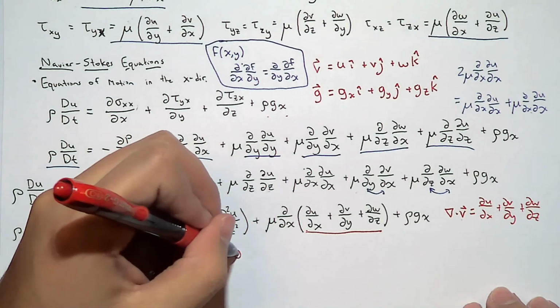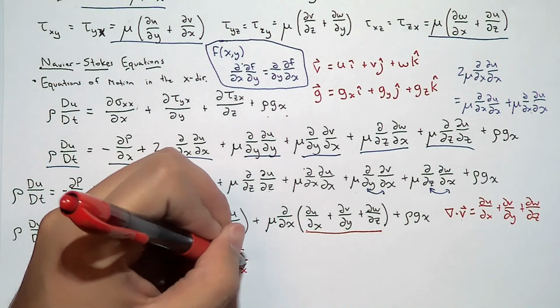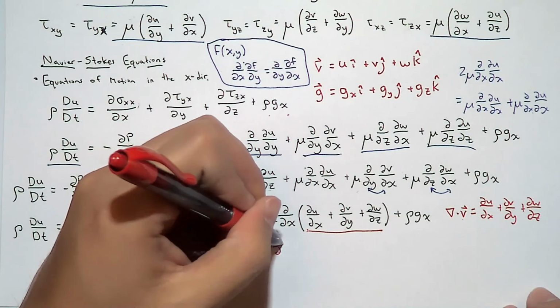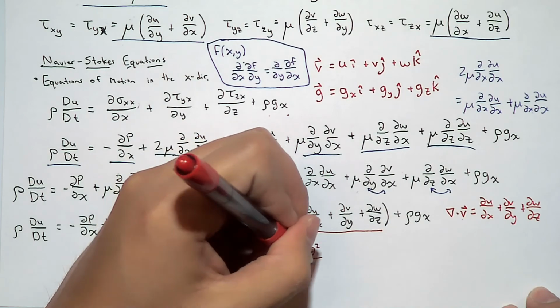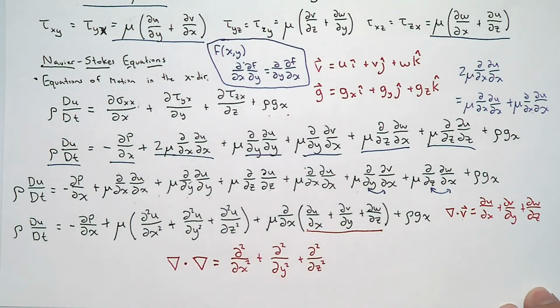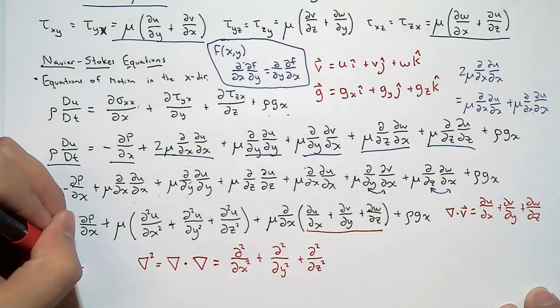What would that give us? The second derivative with respect to what? Well, what is the del operator? Del operator is derivative with respect to x i plus derivative with respect to y j plus derivative with respect to z k. So what does this give us? Del dot del. Exactly. This operator is called a Laplacian.